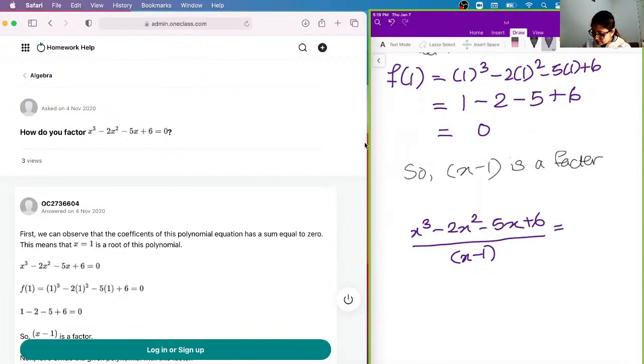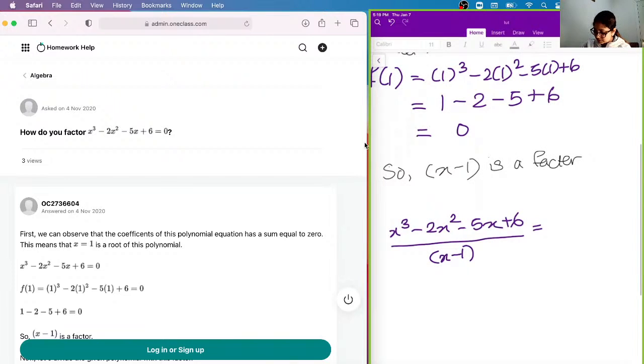Okay. And when you divide this, dividing it by individual terms, you would basically get x squared, right? x cubed divided by x is x squared. And then 2x squared divided by x is going to be 2x, and then you would cancel that out, and you would get x, and then 6 divided by -1, you would get -6.